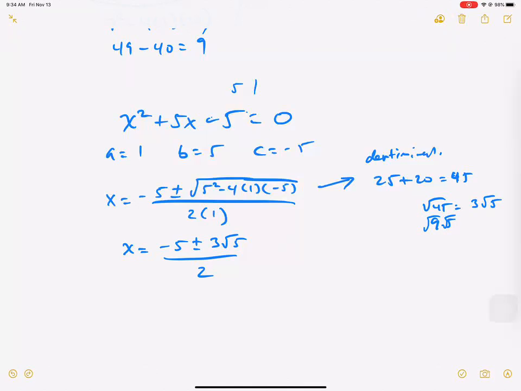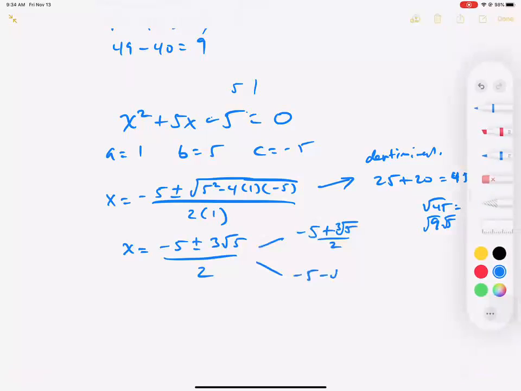Do we need to put into a negative or positive equation? Yes, because this is two answers, and usually they'll make you write it out. So plus 3 square root of 5 over 2, and negative 5 minus, sorry, I'm making it look like a cube root.